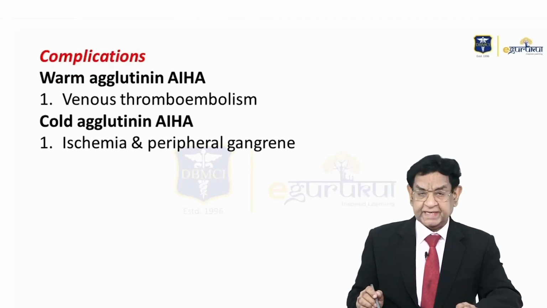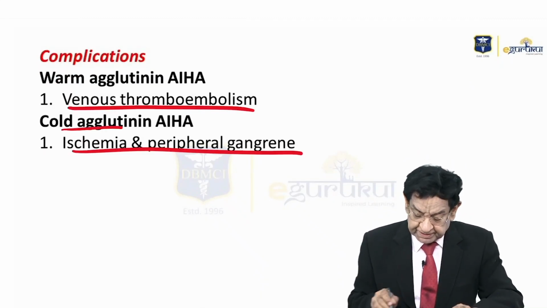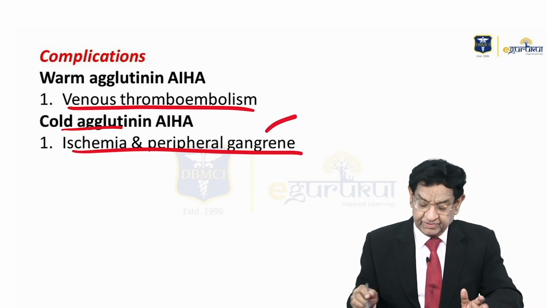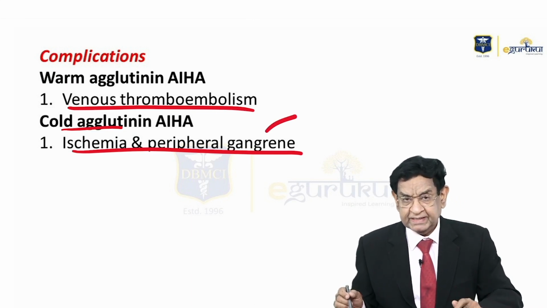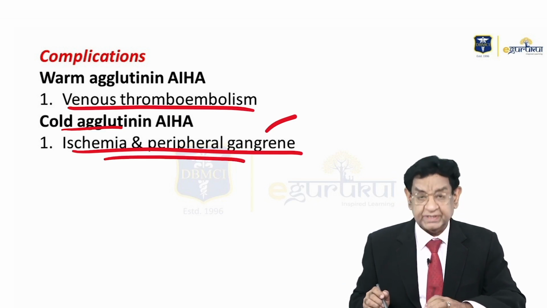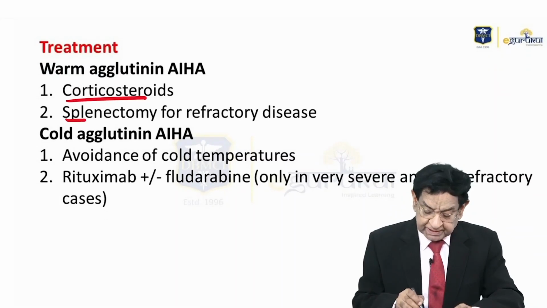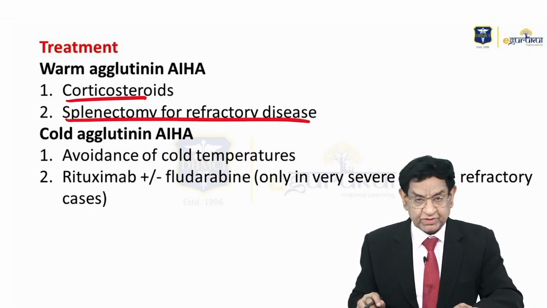What complication can occur in warm? There can be venous thromboembolism. In cold, there can be ischemia and peripheral gangrene. Very easy, when this is happening there is intense vasoconstriction and that can lead to gangrene in extreme cases. Treatment in warm, you can use steroids, splenectomy for refractory cases, not for routine cases.